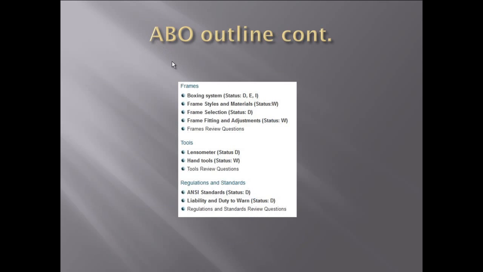Now, continuing on here, we have to learn a little bit about frames, how to select frames for patients, and how to use the lensometer and the hand tools for adjustments. And also a little bit about the standards of the industry and what our liability is to warn patients and our duty to tell them about certain regulations.